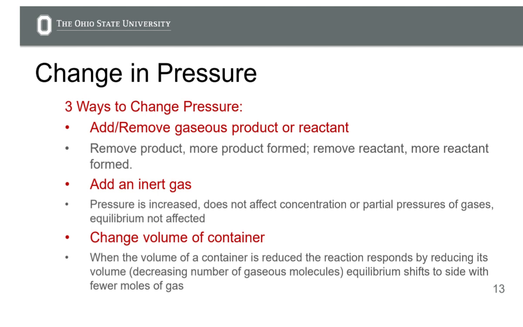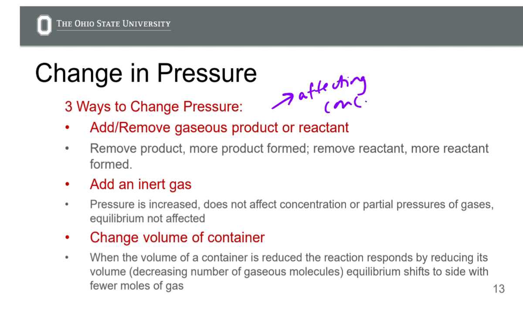Okay, anyway, summarizing what we know about changing pressure. There are 3 ways to change the pressure. The first is adding or removing a gaseous product or reactant. If we have a container that has only gases in it, we are able to remove one of them. This is kind of the ammonia example, and it is exactly the same as affecting the concentration.